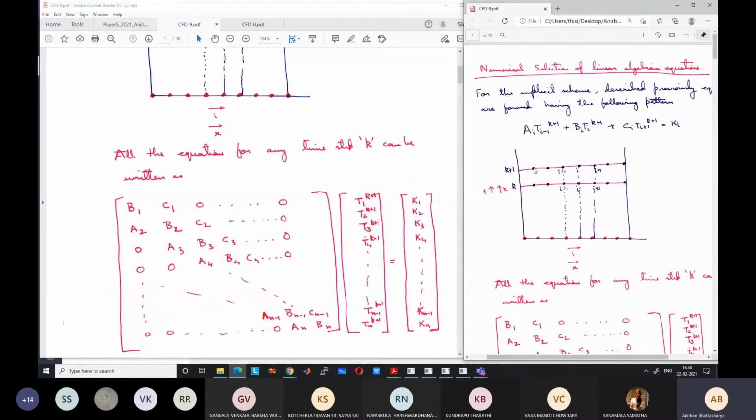So for the i equal to 2 point, the three unknowns are itself and its two neighboring points, equal to K2. That is again represented in this form: A2 T1 k plus 1 plus B2 T2 k plus 1 plus C2 T3 k plus 1 plus all the other terms 0, equal to K2. Like this we can continue.